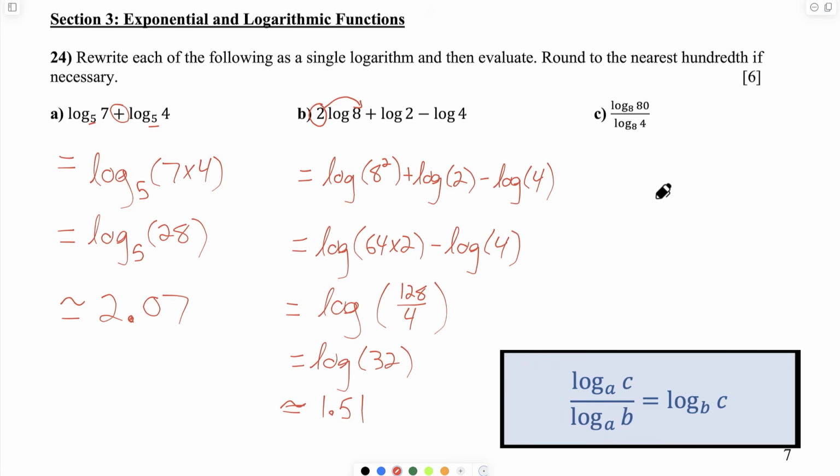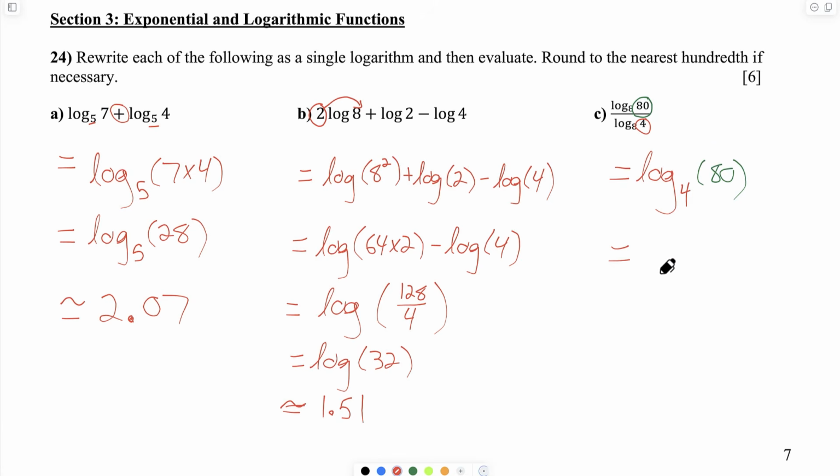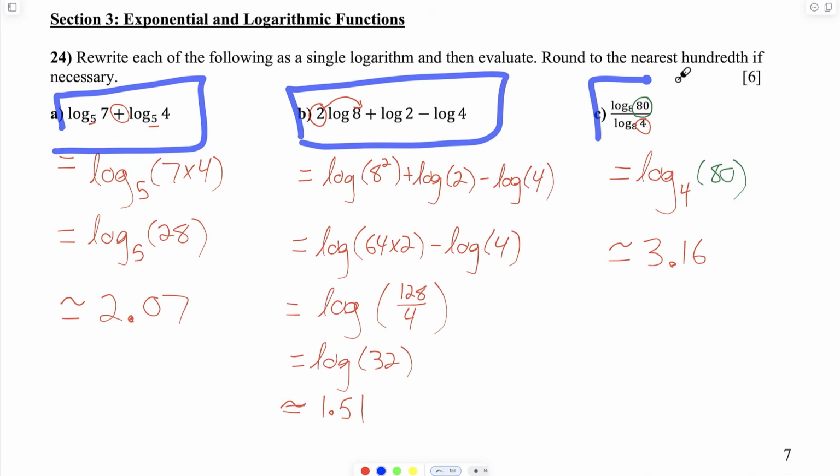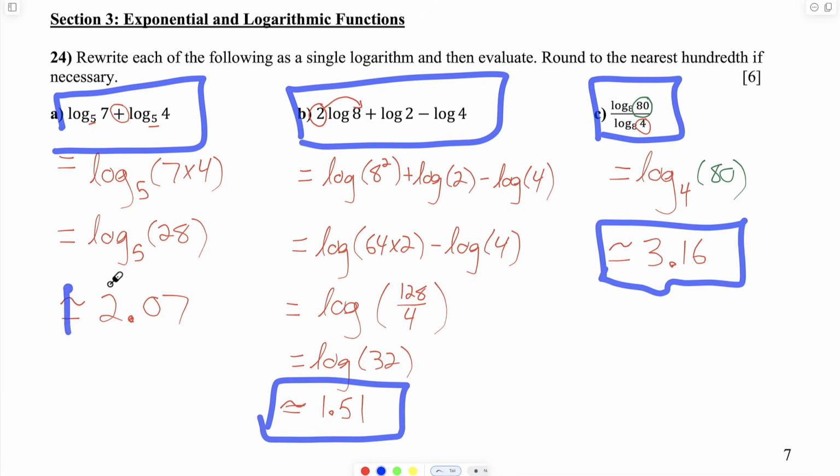If I have two logs being divided where the bases are the same, I can rewrite that as a single logarithm by taking the argument of the log in the denominator, 4, making that the base of the log, and take the argument of the log in the numerator and make that the argument of my logarithm. And now to evaluate this, I'm wondering what exponent goes on 4 to get 80. It's about 3.16. And of course, you could check all of those answers by typing the original questions on your calculator, and they should give you each of these final answers.